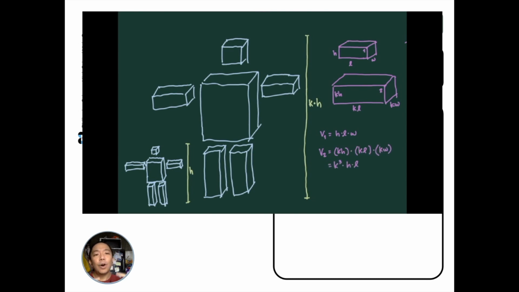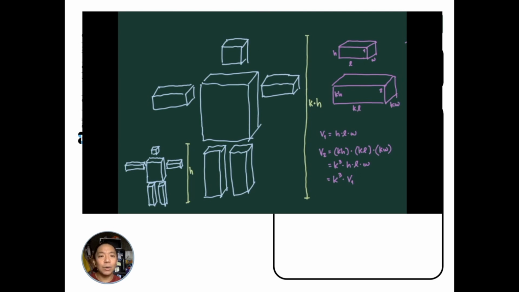The volume of yung original natin na brick will be height times length times width. And yung volume nung scaled up natin na rectangular brick would be kh times kl times kw, which would be, rearranging the factors, k cubed times h times l times w, or k cubed times the volume of the first rectangle. Now, just to be clear, hindi lang sa rectangular prisms nag-hold yung ganitong scaling factor.